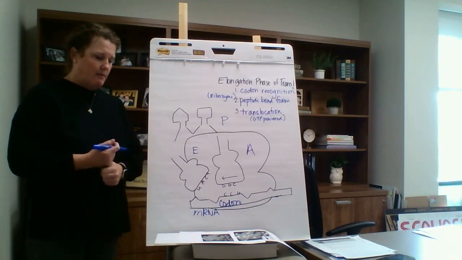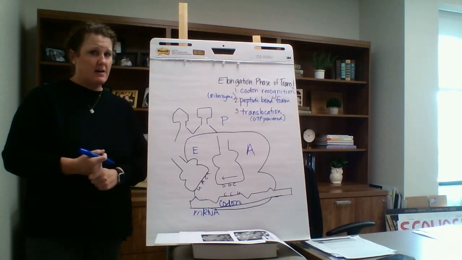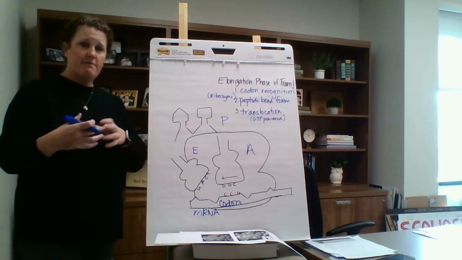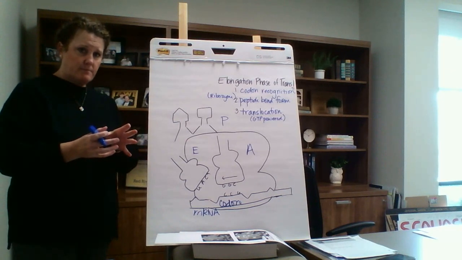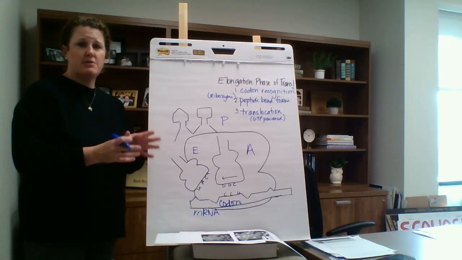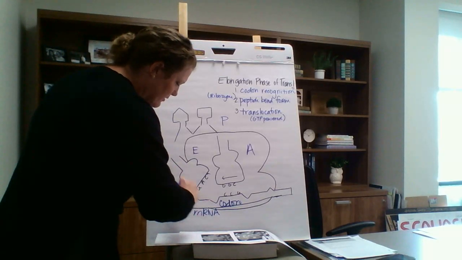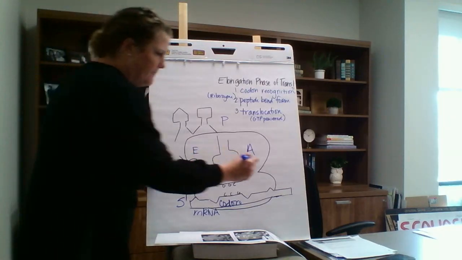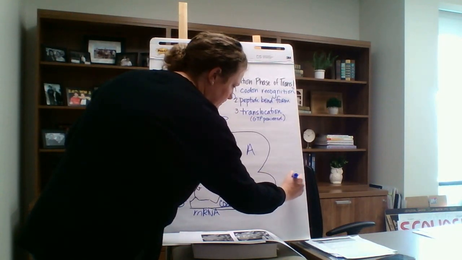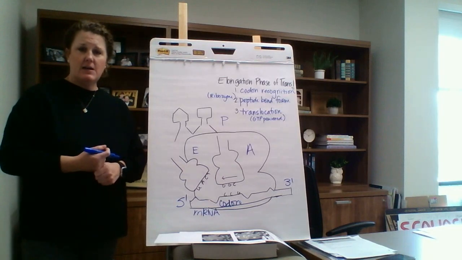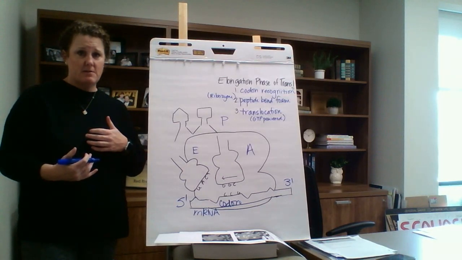Now, one thing you do have to fill out in this diagram are the 5s and the 3s, okay? And so you need to understand that that 5' end is what's going to be attaching to the ribosome, okay? So we're going to start with 5' on that end, and then 3' on this end, all right? And just like we saw with DNA, it's always going to be opposite, okay?